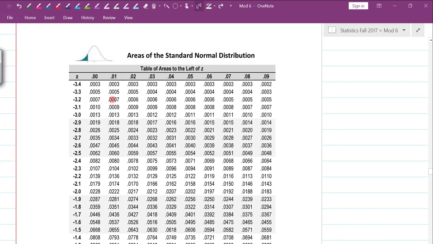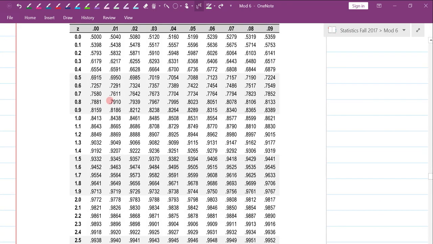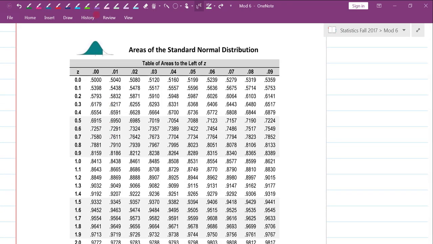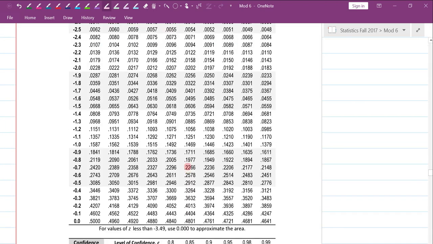Yep, 14. Let's try that again. If I can get my highlighter, there we go. So z 1.1, and now let's go over to the hundredths where it's 4. We're going to look at the intersection, and it's 0.8729.